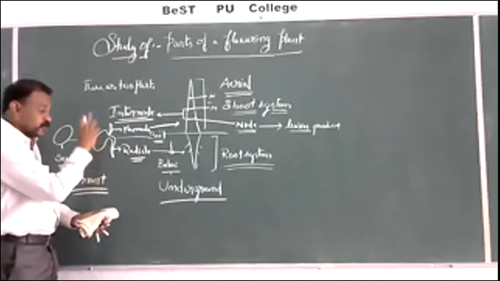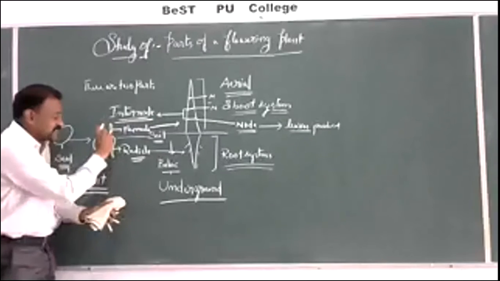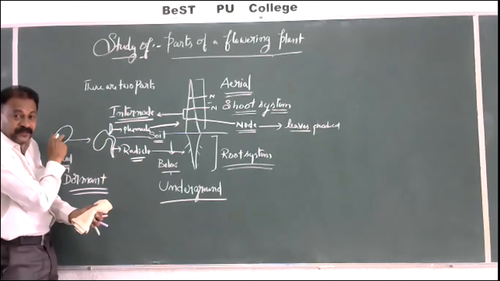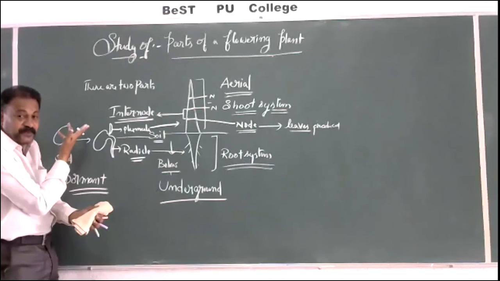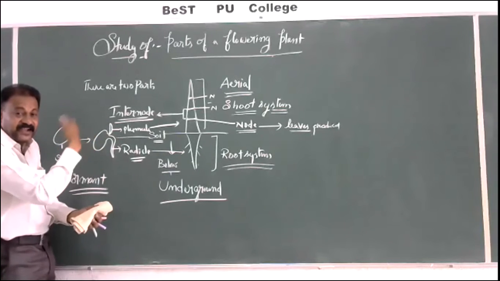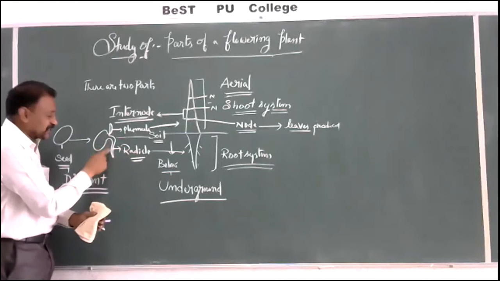When it is going to germinate, it will break the seed coat and some structures will come out. As long as it is here, it is an embryo. Embryo means it is not having a particular shape or structure, just many cells. And when we are adding water, the cells will divide and mature to form structures.